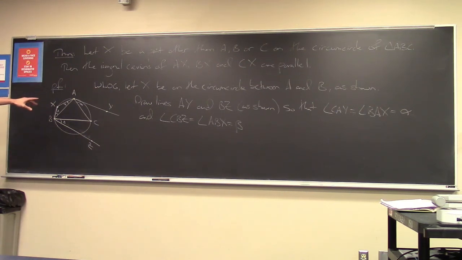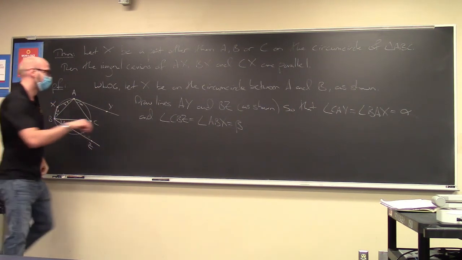Okay, well clearly then, looking at these angles here, clearly AY is a reflection of AX through the bisector of angle A, and BZ is a reflection of BX through the bisector of angle B. So AY is the isogonal Chevian of AX, and BZ is the isogonal Chevian of BX.